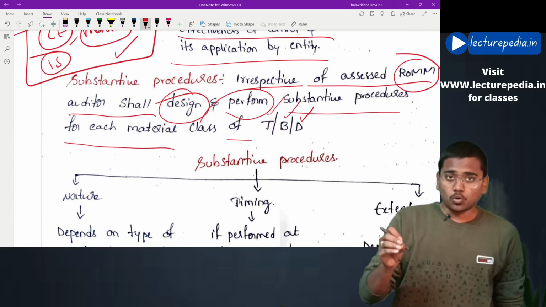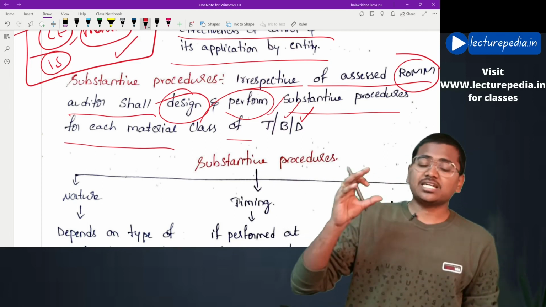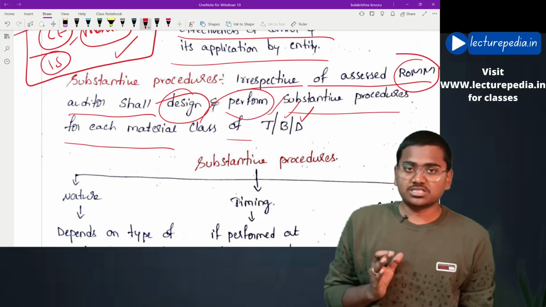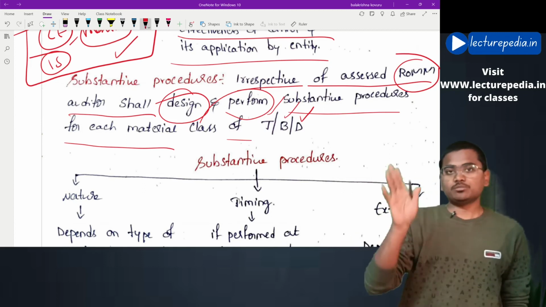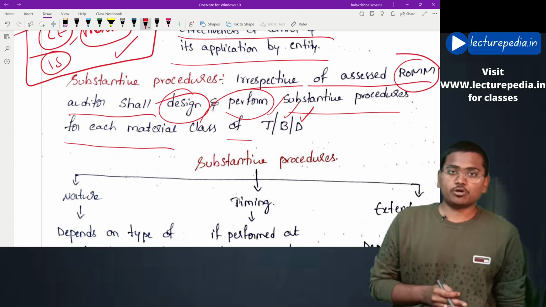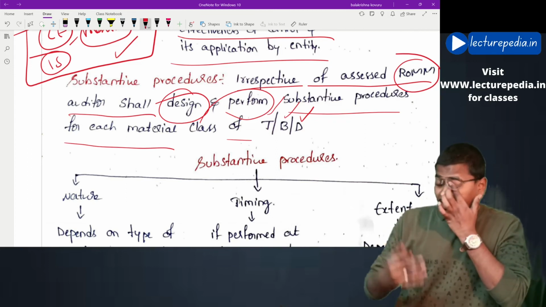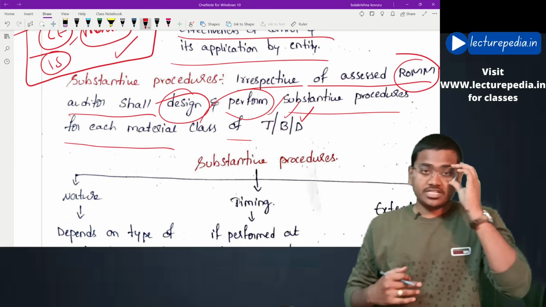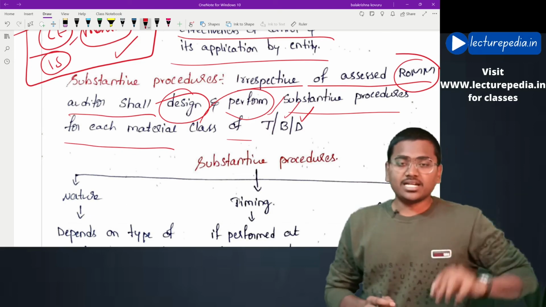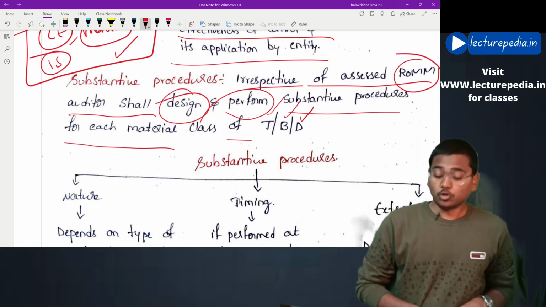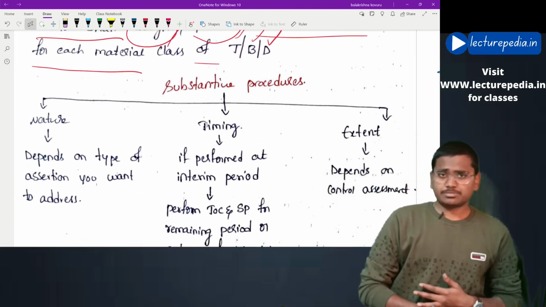It is only whether the auditor will perform high substantive procedures or low substantive procedures, but whatever the situation might be, the auditor has to perform substantive procedures. Based on the operating effectiveness of the controls, the auditor will determine how much substantive procedures to be performed, but he cannot eliminate performing substantive procedures. Hope this is clear.